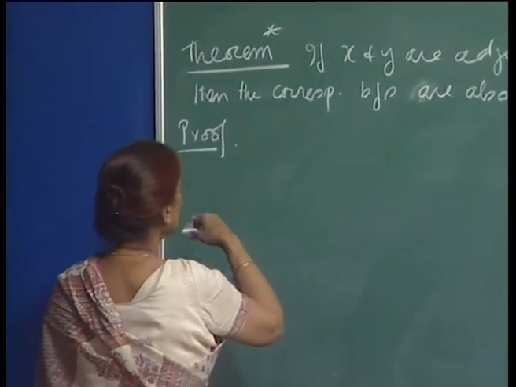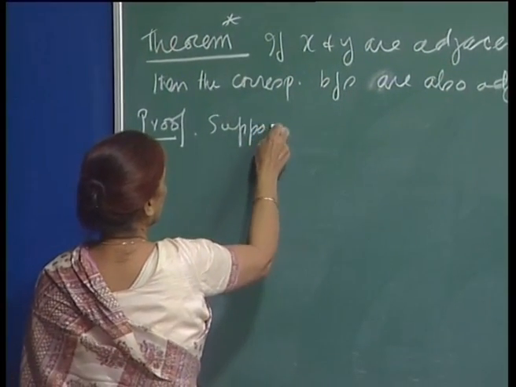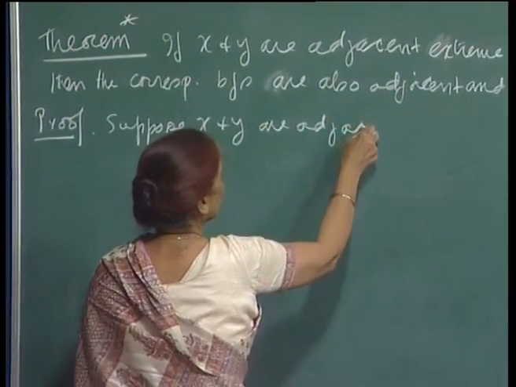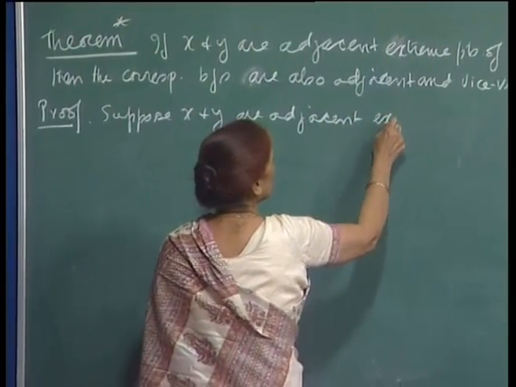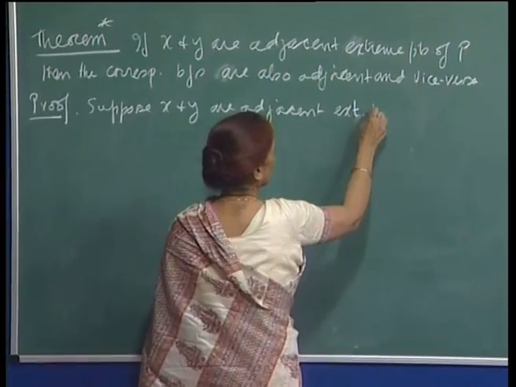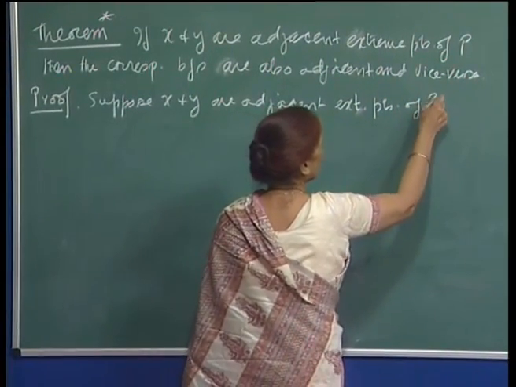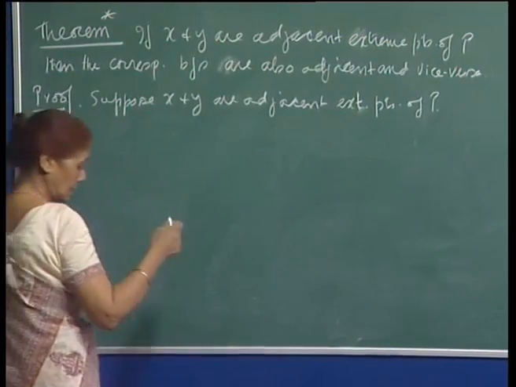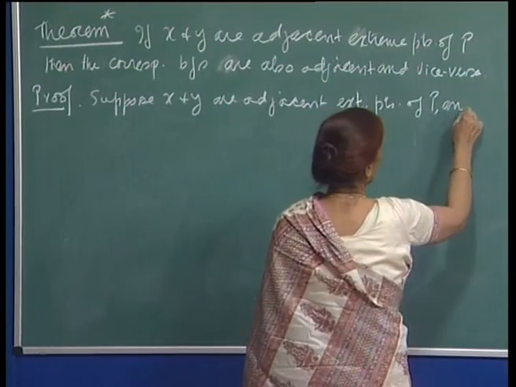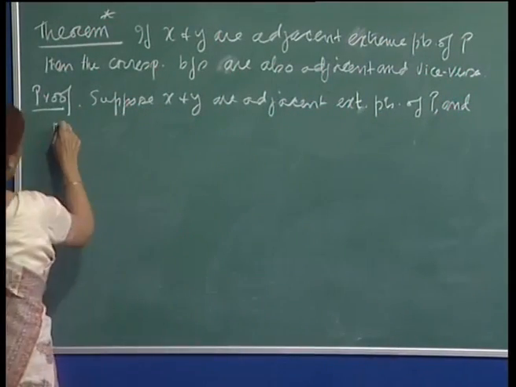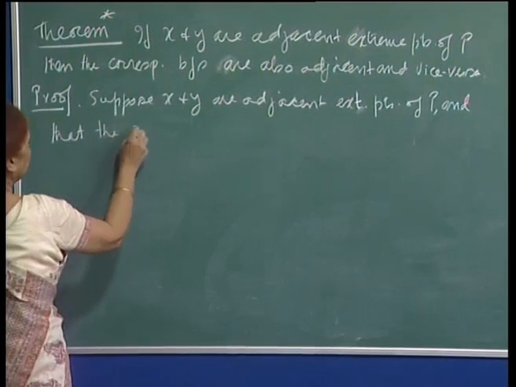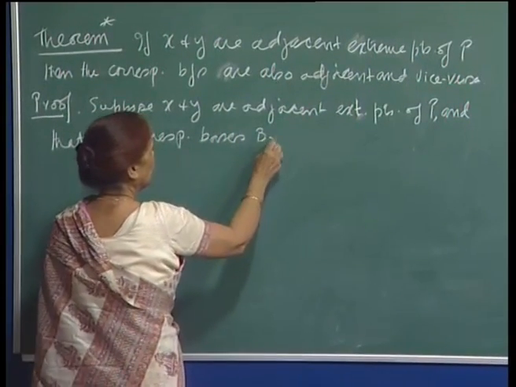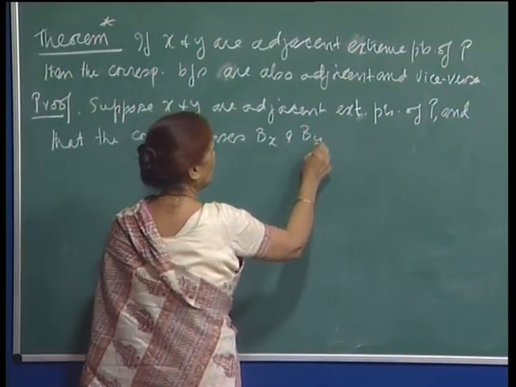We start with the assumption that x and y are adjacent extreme points of P, and suppose that the corresponding bases Bx and By are not adjacent.